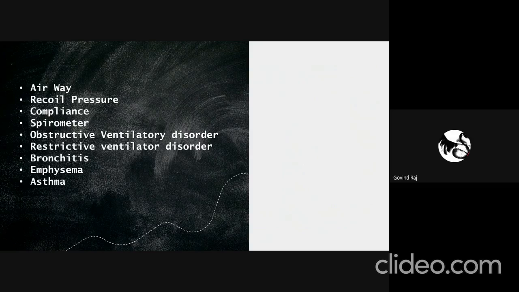First we'll look at the airway, then recoil pressure, and a term known as compliance. Compliance is a very important aspect regarding the disorders. Then we'll look at what a spirometer is, and then we'll move on to the different disorders, starting with obstructive ventilatory disorder.